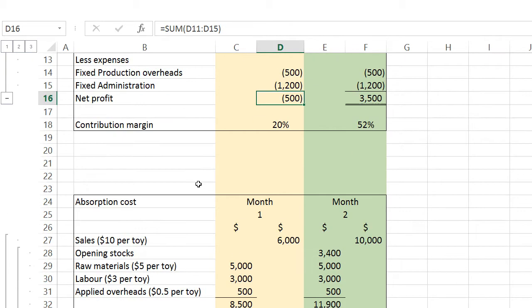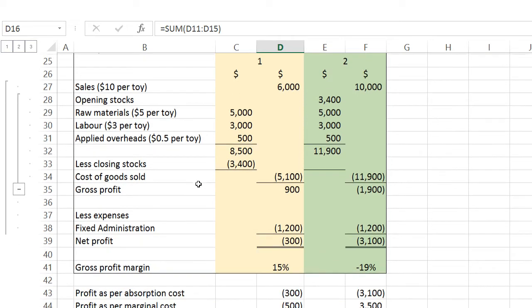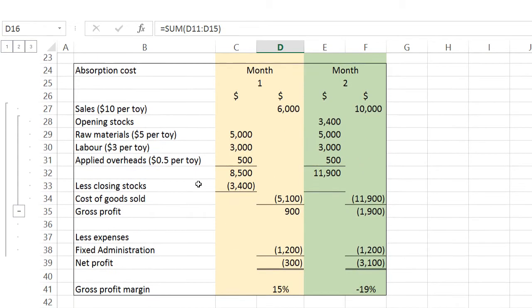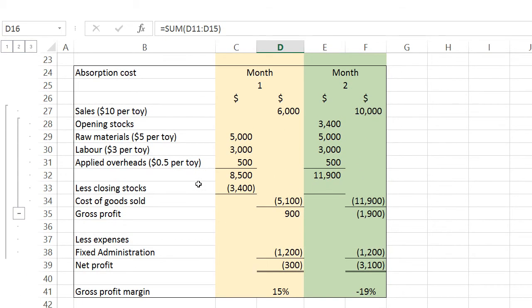So this was what we looked at the last time, and when we looked at absorption costs, you have $6,000 being achieved from selling 600 units, but 400 units not sold. Now, the cost of each of these 400 units not sold would comprise variable costs, $5, $3, and a component of overheads.